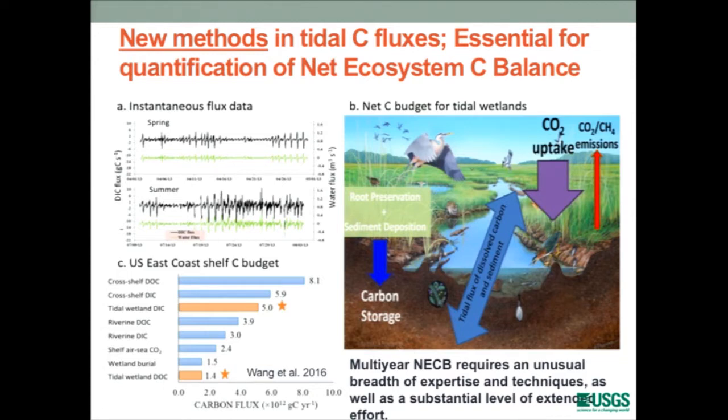And it's essential for quantifying this net ecosystem carbon balance. So it's not just the point of trying to understand where all these fluxes are occurring, but putting it in the larger context of the coastal carbon cycle. And so with that, I will go ahead and end.